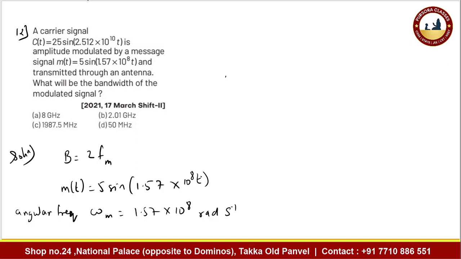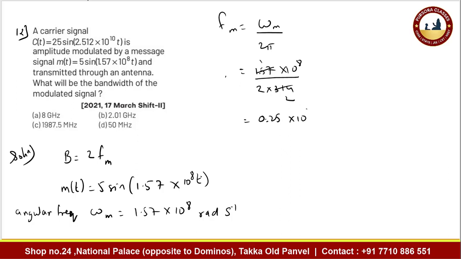So that is our angular frequency. So the frequency of the message signal is angular frequency upon 2 pi. So 2 pi is 2 into 3.14. So this is 1.57 into 10 raised to power 8 upon 2 into 3.14, which gives 0.25 into 10 raised to 8, or 25 into 10 raised to 6 hertz.